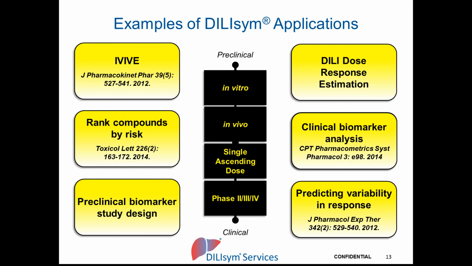We've aided in the study design for preclinical biomarkers, as well as dosing estimates in order to establish the margin between safety and efficacy. We've also been able to predict variability in response, as well as interpret clinical biomarkers to understand the magnitude and nature of the injury.